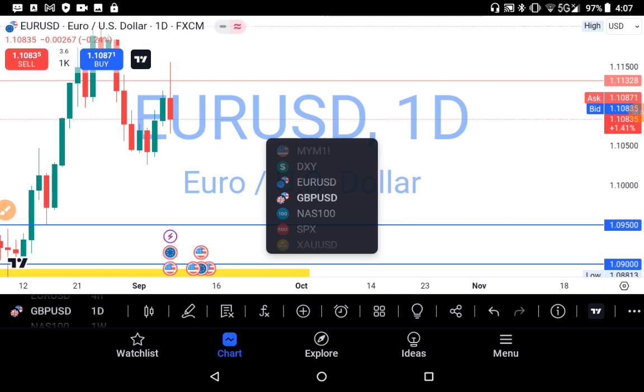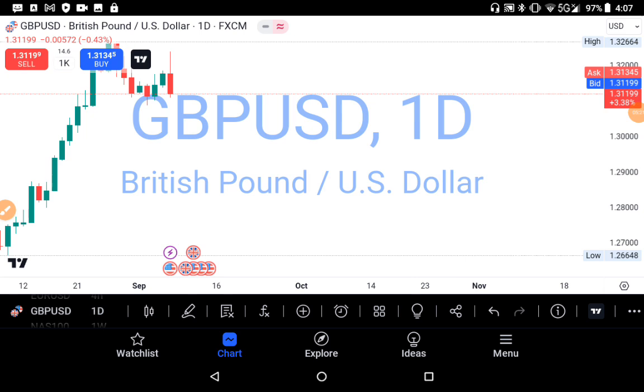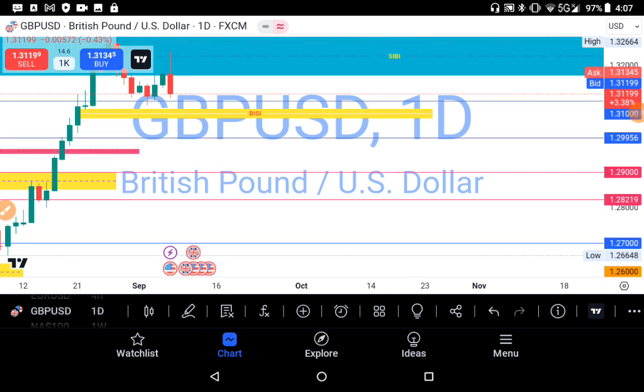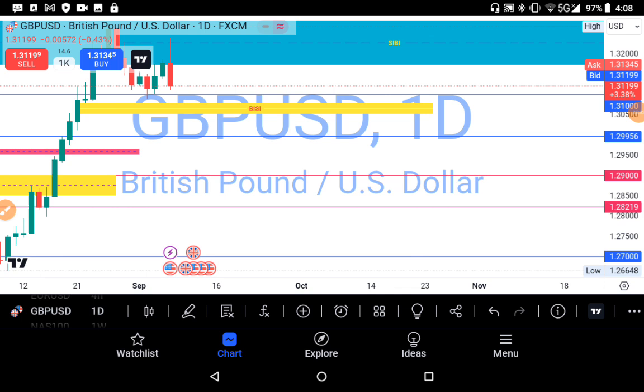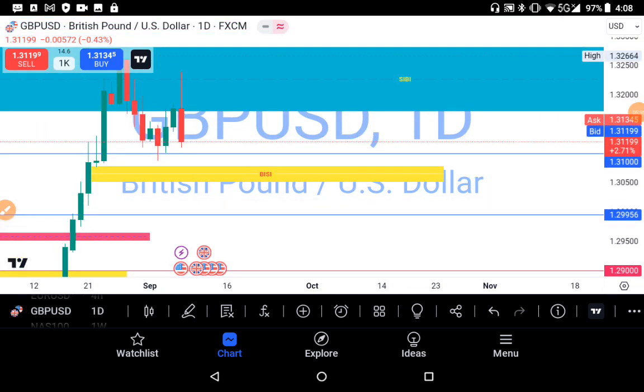So we'll go to our GBP USD. On GBP USD last week, I was interested in 1.31,000. So 1.31,000 was delivered because there's a BC here.